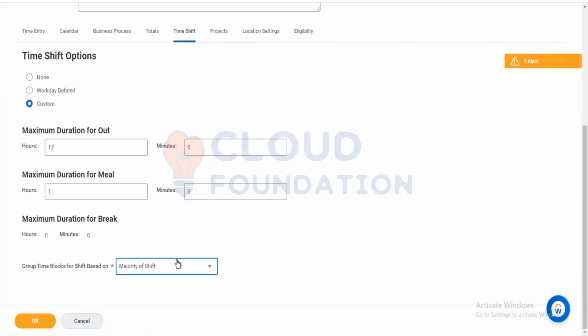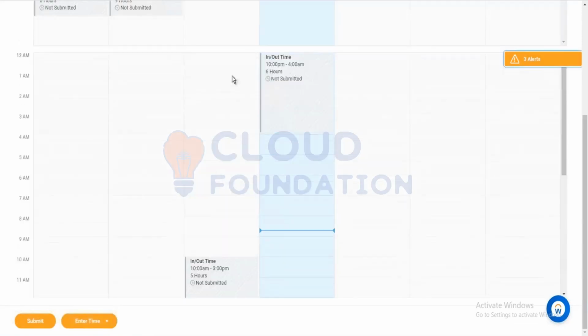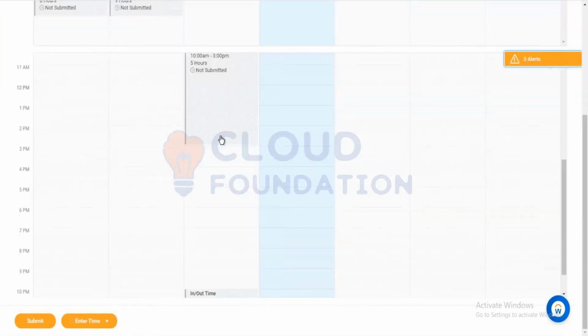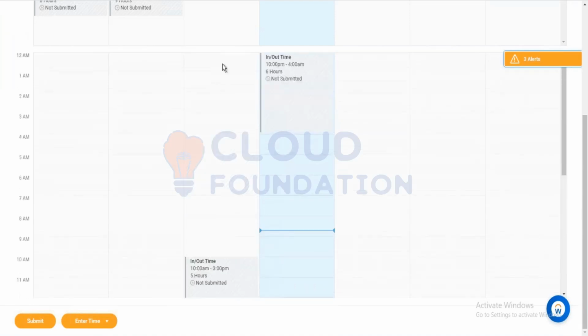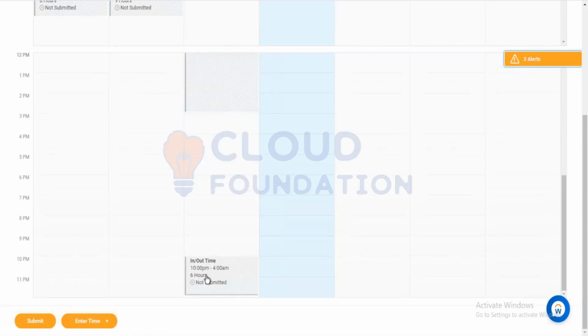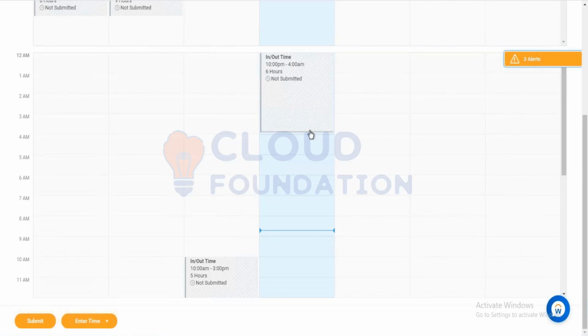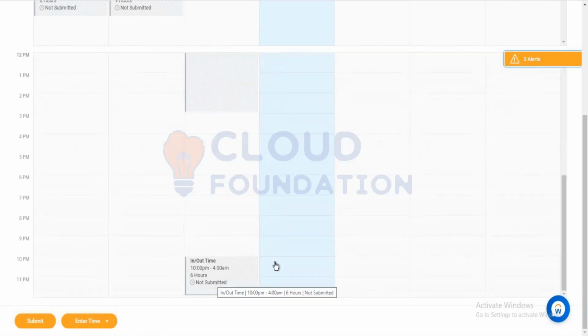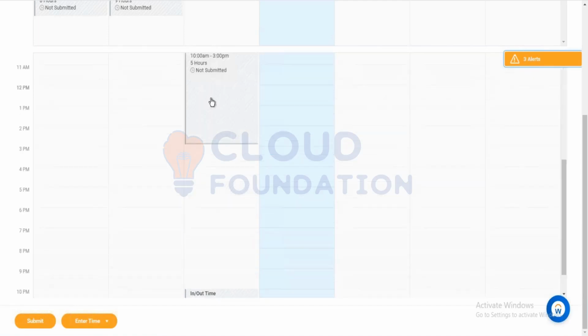Now, if we talk about end of the shift, the system will always look at the end point. For now, the end of the shift is this 3 p.m., because the block is getting over and after that the second shift is starting. Then the system would look at the last point of that block, which is 4 a.m. The system would consider this as a separate shift and this as a separate shift, and the calculation would work according to the configuration.